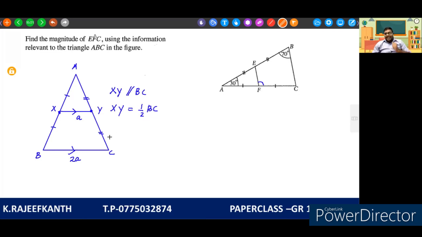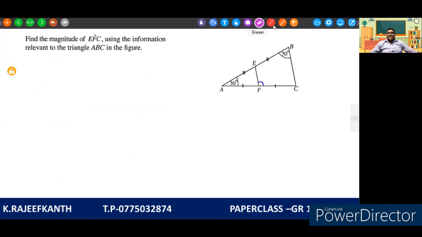So in a triangle, if they give two midpoints of two sides, then we know we can use the midpoint theorem, because if we join those two midpoints, that line will be parallel to the third side, right? Now consider this triangle ABC. In this triangle also, they have given two midpoints, E and F. E is the midpoint of AB and F is the midpoint of AC.